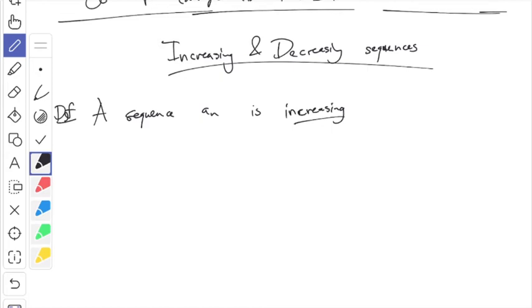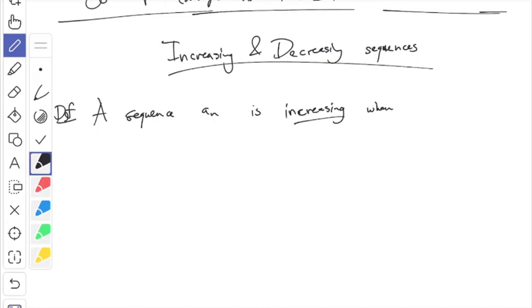Anyone think maybe you can say what the definition should be? It means basically the number gets bigger every time. Is there a nice way that you could write that using some kind of mathematical language? That's a good idea, although that's not quite enough.